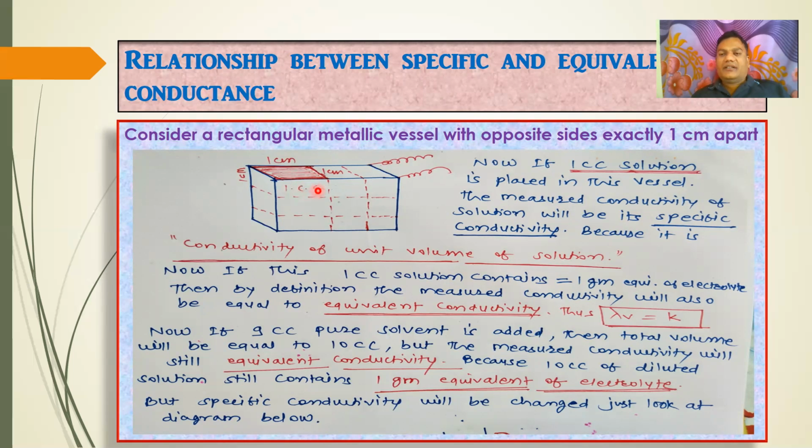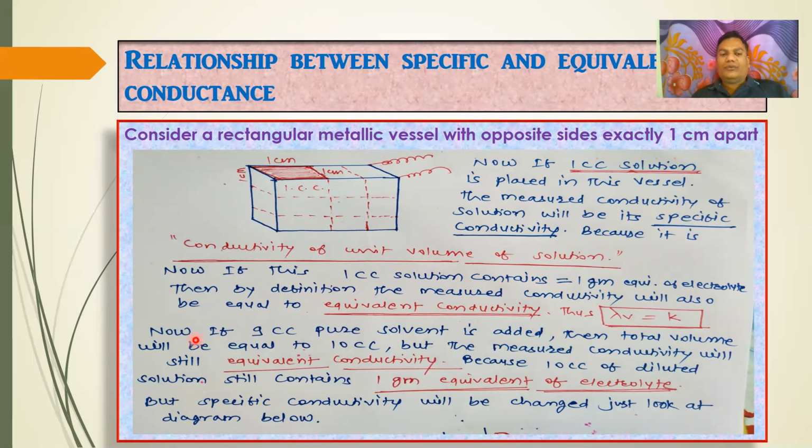And specific conductivity is the conductivity of 1 cc of the solution. Then why is it equivalent conductance? Because that 1 cc volume contains 1 gram equivalent of electrolyte. म्हणून both are same. You can see here lambda V is equal to K. So this condition is satisfied.